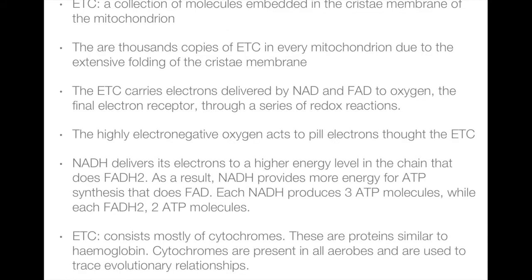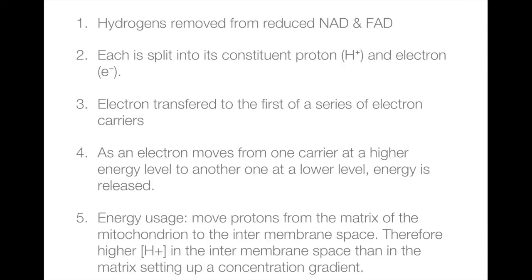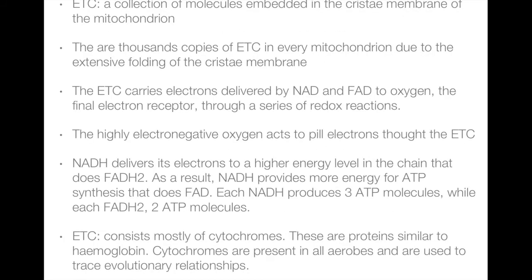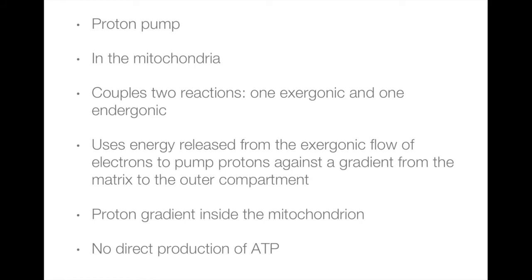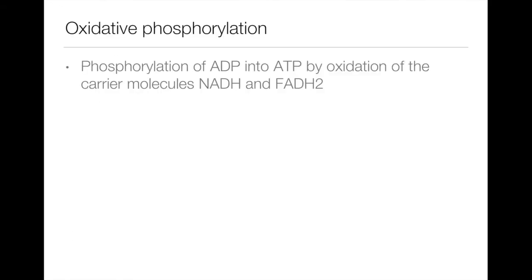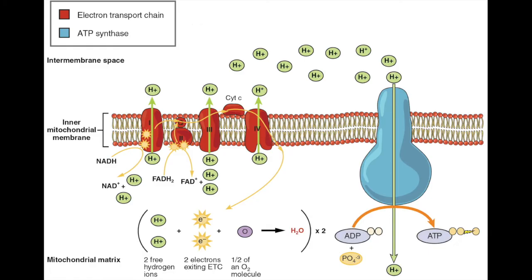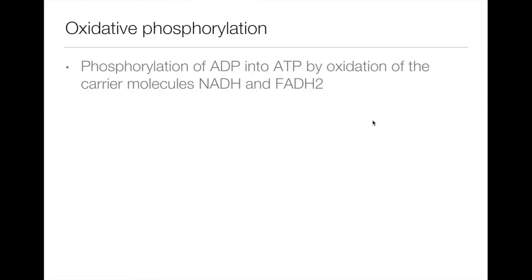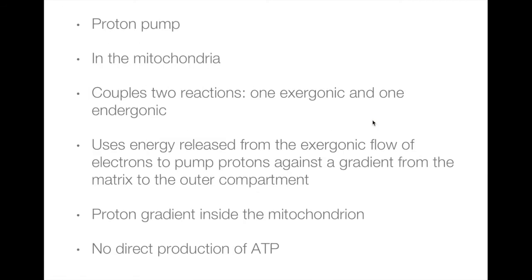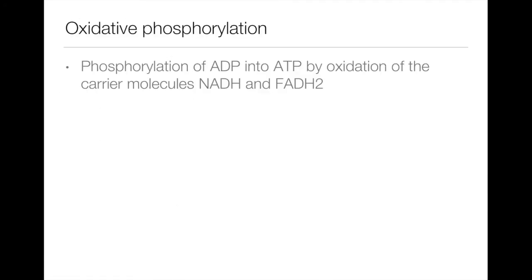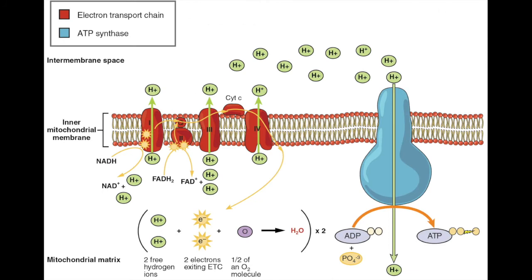This takes place in the inner mitochondrial membrane, which is called the crista. Now I have the steps here, I have the theory here, all of it, and everything that happens, but these are for your own study. We will look at this and see what happens.